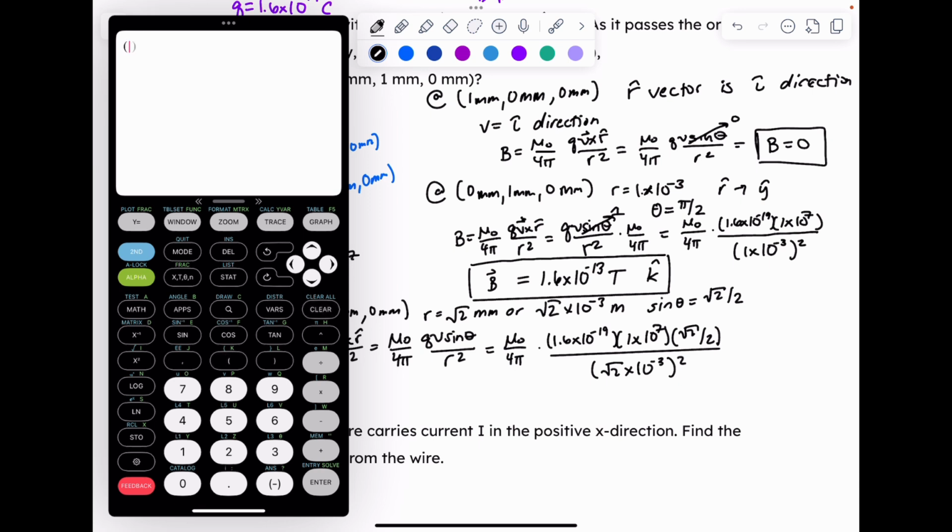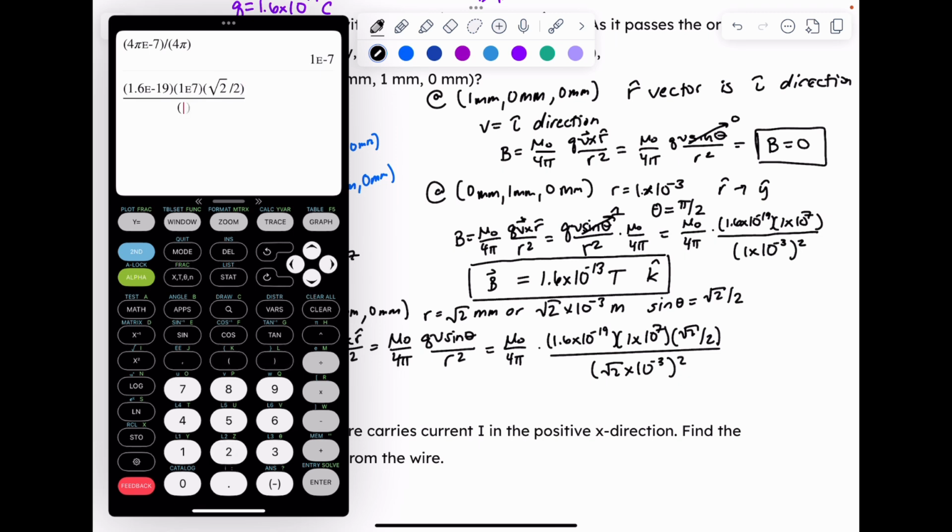So let's do mu naught over 4 pi. Then we're going to multiply by 1.6 e negative 19, 1 e7, and then root 2 over 2, close.